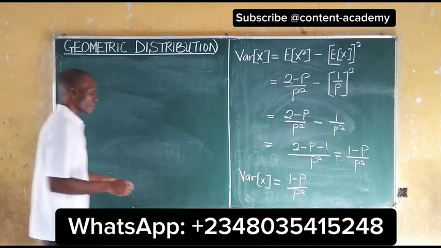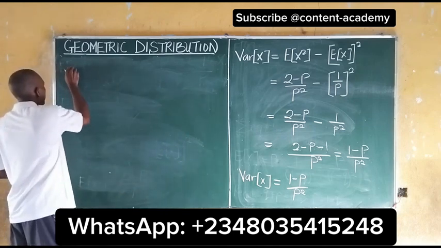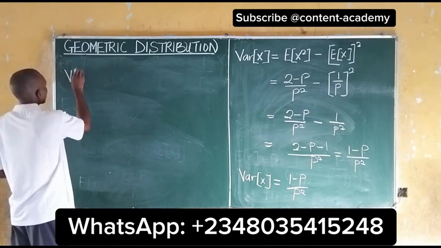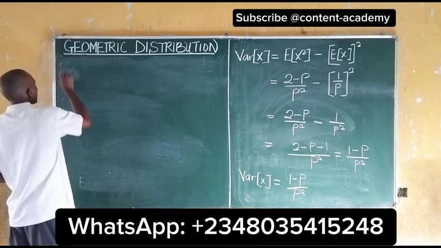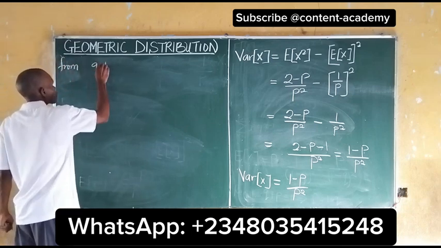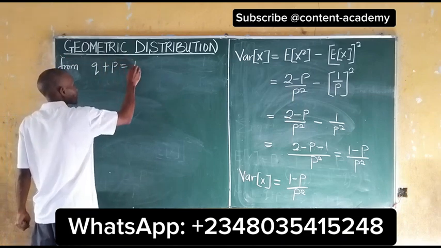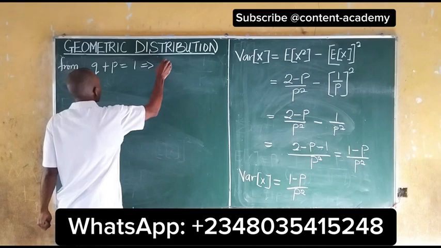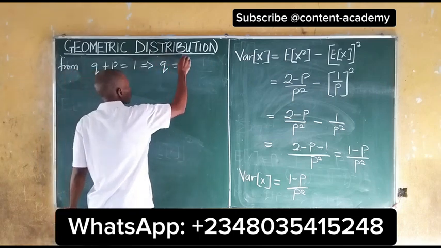So from probability, q plus p is equal to 1, which implies that q is equal to 1 minus p.